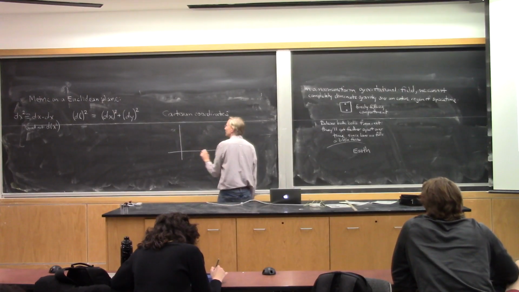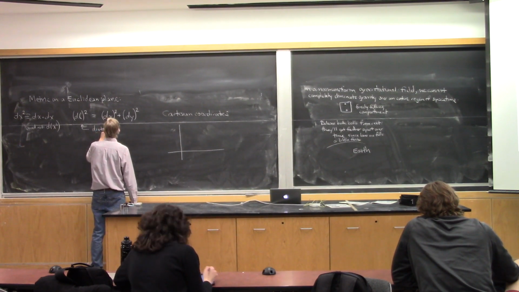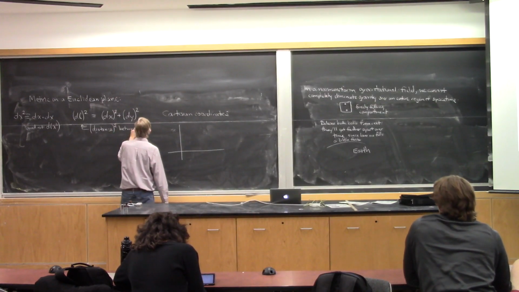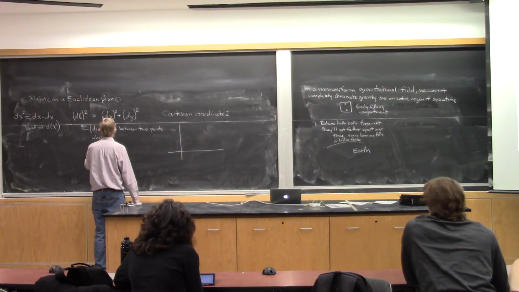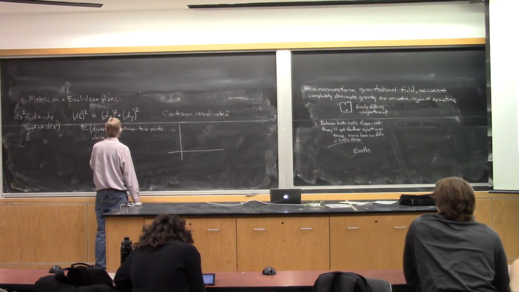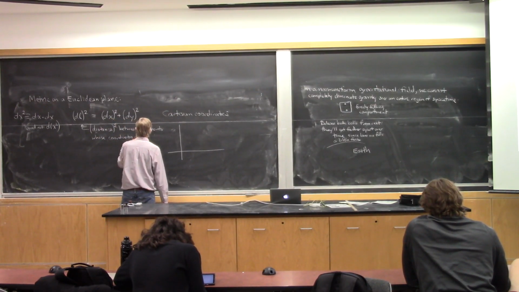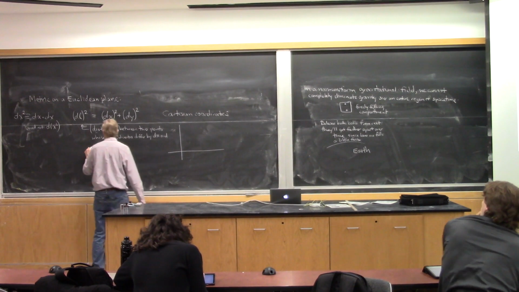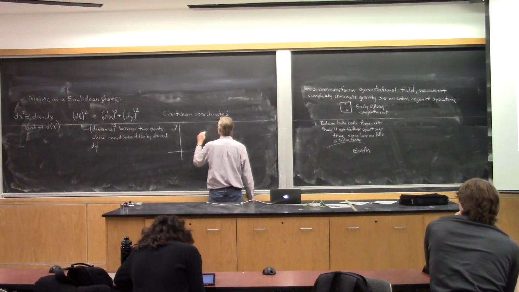So what do I mean here? Well, dl squared is the distance squared between two points whose coordinates differ by dx and dy. So in other words, here's the x-axis, here's the y-axis, here are two points.